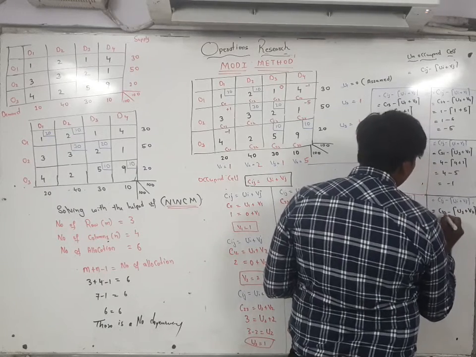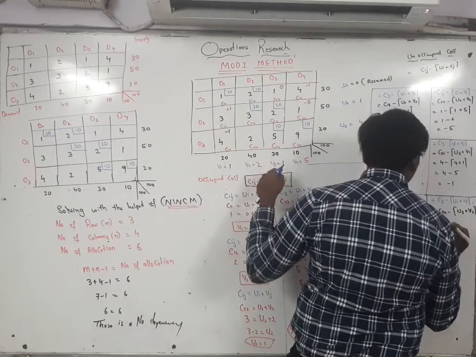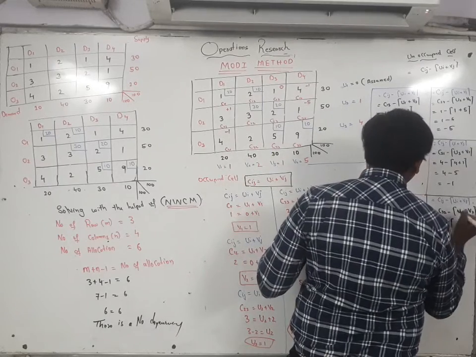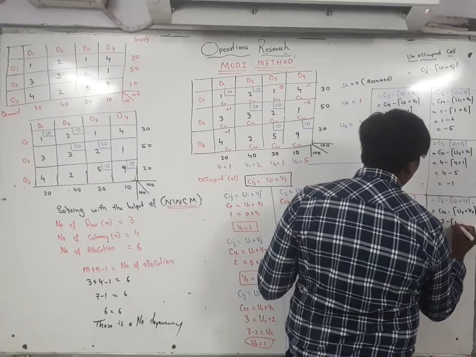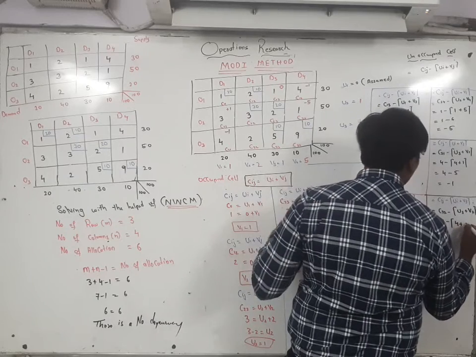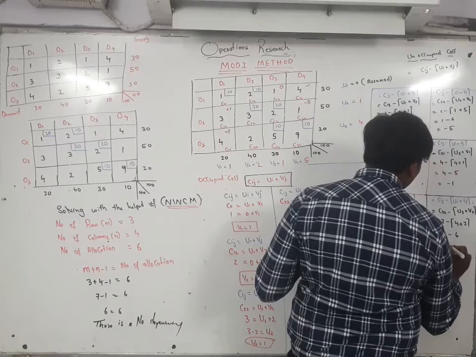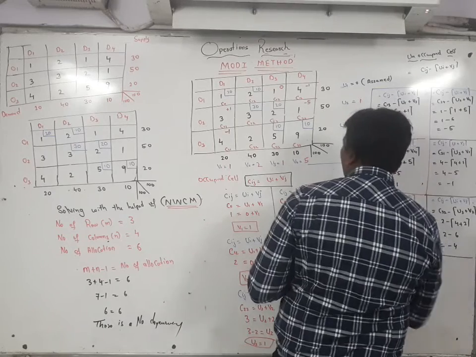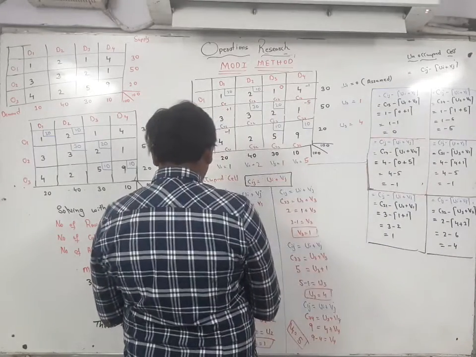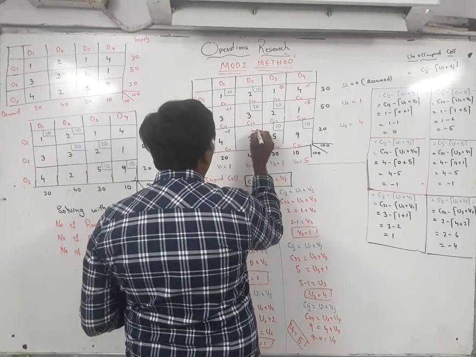C32 value is 2, minus U3 value, which is 4, and V2 value is 2. So here you write 2 minus 6. The answer is minus 4.